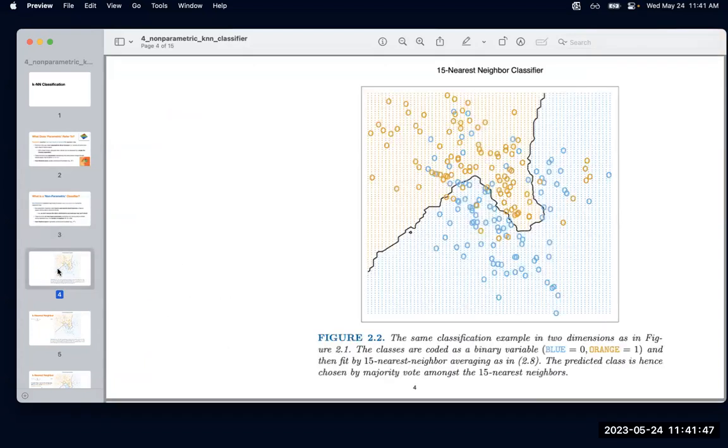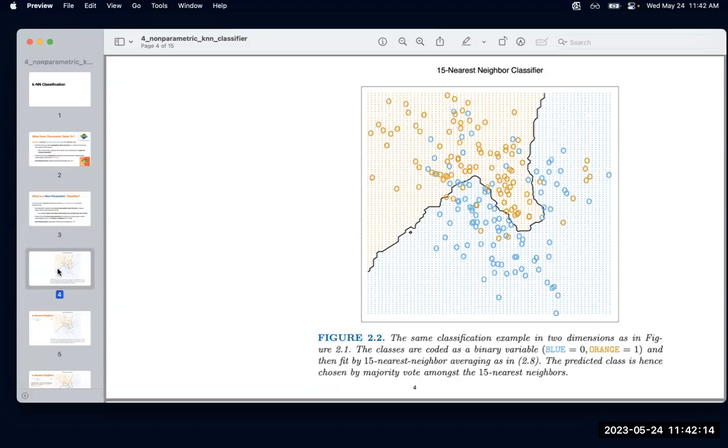Let's observe here a first example where we have a plot of a 15 nearest neighbor classifier. In this case, as in the examples that we have used before, we have two classes, one class that is color-coded as blue, and that's the class 0. And we have another class that is coded as orange, and that's the class 1.